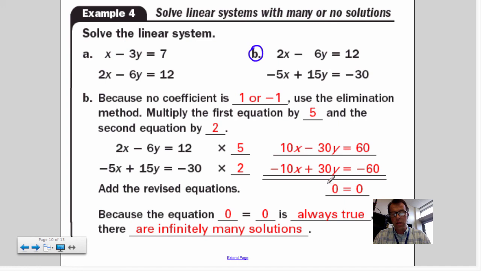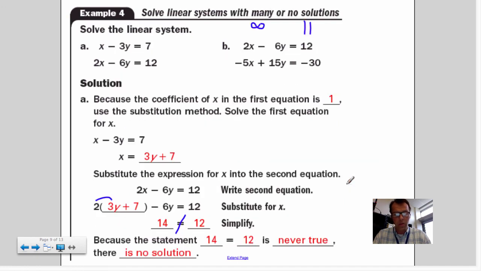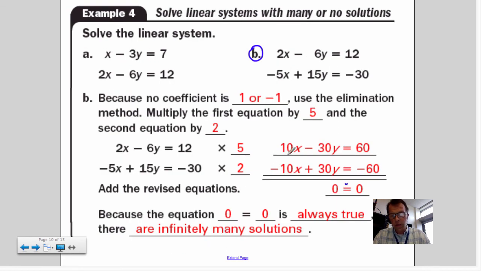But we're left with an equation that is true. 0 is equal to 0. And again, let me scroll back. The last equation, we eliminated the variables, but we're left with an equation that makes no sense. 14 does not equal 12, so that there is no solution. But notice when your variables cancel and you're left with an equation that is true, but your variables are gone, then we say that there are infinitely many solutions. Hope that makes sense.